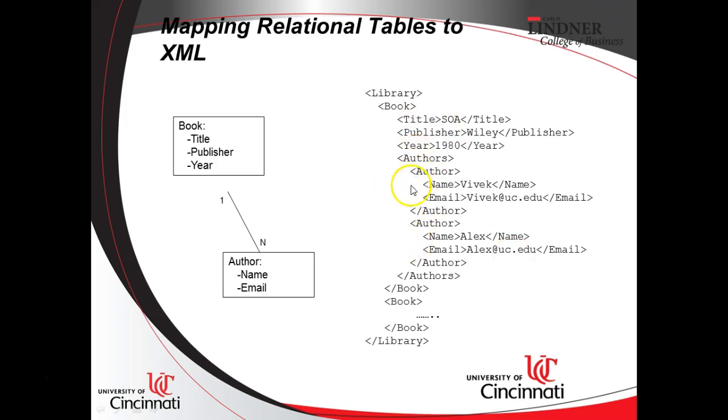What you see in the author tag here would likely go into an author table. What you see just indented one space from the book would likely go into the book table, and we would likely have a foreign key relationship between author and book when we actually look at this in the database. Now, you don't see the foreign key spelled out here in XML. It's implied by this relationship. The relationship that we have a book, and then a book was written by authors. So that's implied.